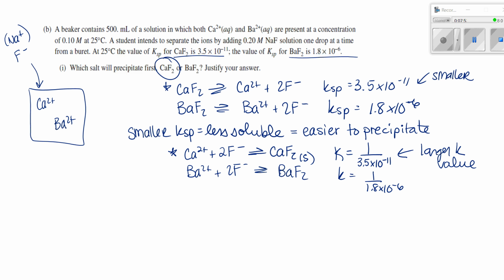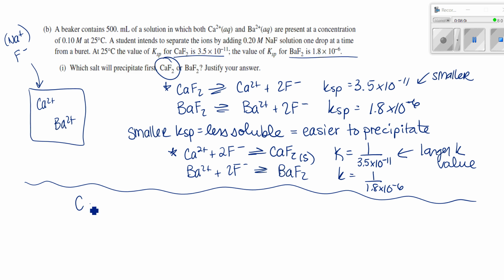The other way to think about this problem is in terms of Q versus K. So if I'm going to write this out here, if you were trying to think about at what point this equilibrium starts forming a solid, you're basically asking yourself, at what concentration will this reaction begin to shift to the left?